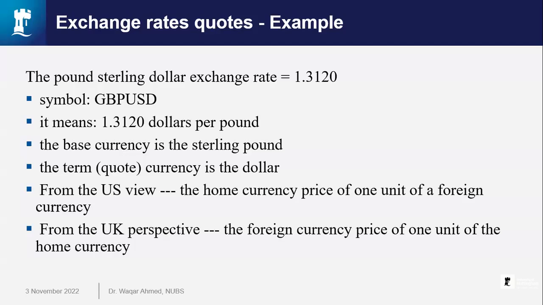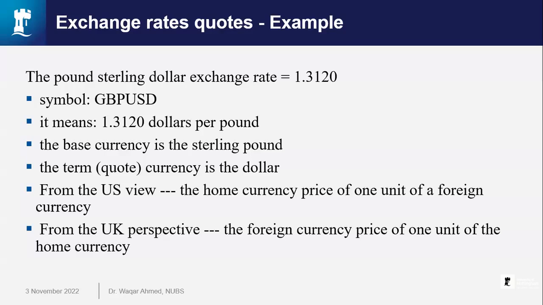Okay. So let's look at the abbreviations and some of the conventions that we use in the Forex market. So here we have an example of an exchange rate quote. The British pound sterling dollar exchange rate, for example, is 1.312.